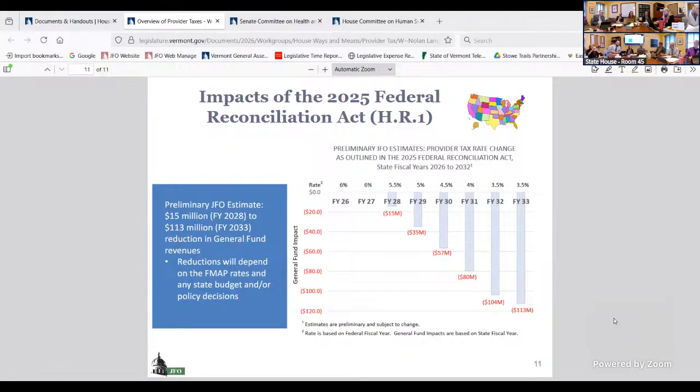Reduction in uncompensated care that will cost the hospitals, and there was a third thing. If this stuff comes to pass, that'll cost a decrease in hospital revenue.